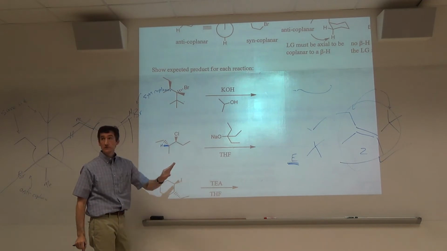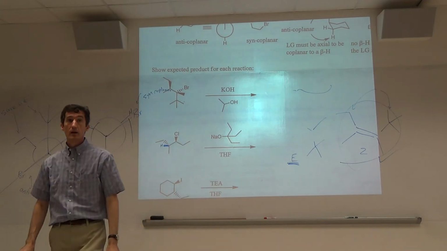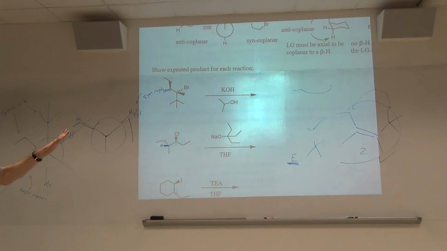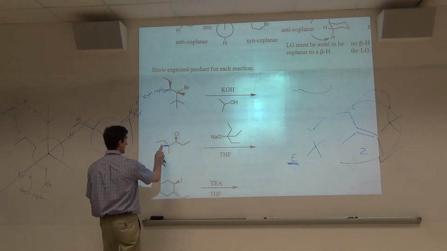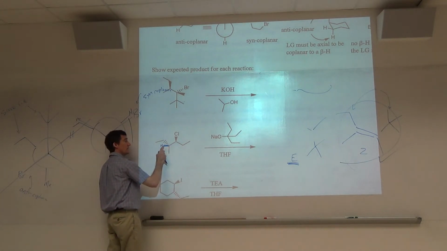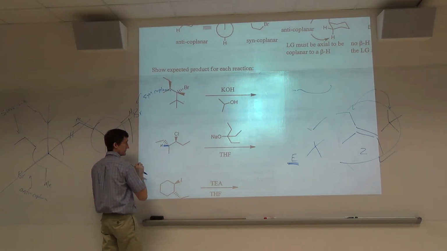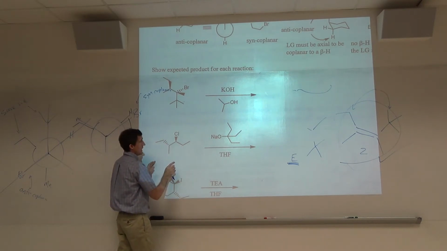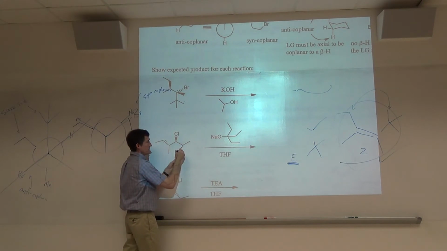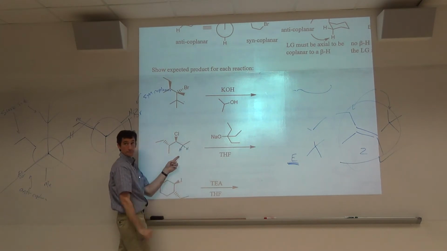If there are two H's, you don't have to do this. If there are two H's, you're going to get the most stable stereoisomer. You only have to do this when there's one. For example, here, if you're going to make this double bond, there's only one H over here, you got to make sure you do this. Over here, there's two. It does not matter.